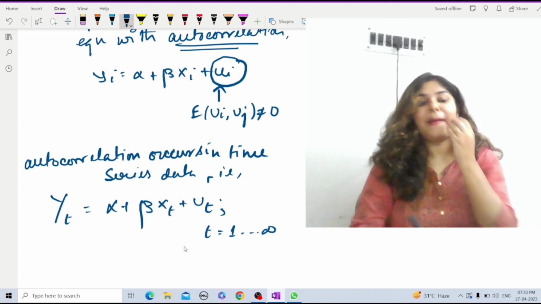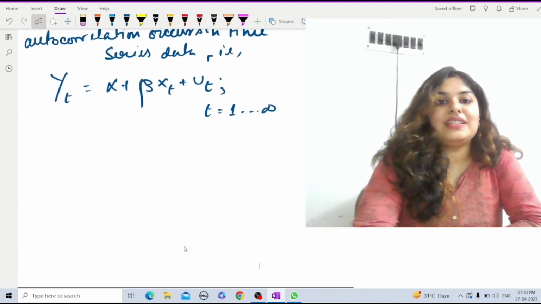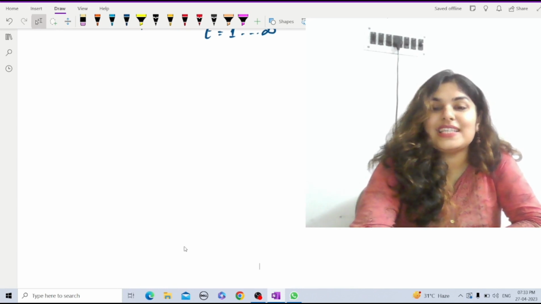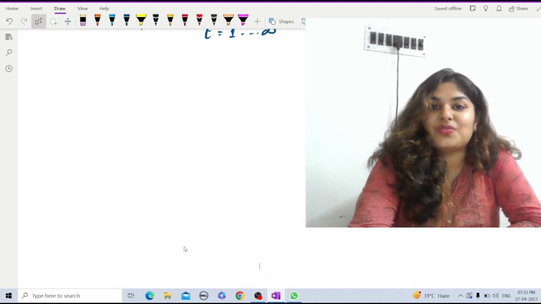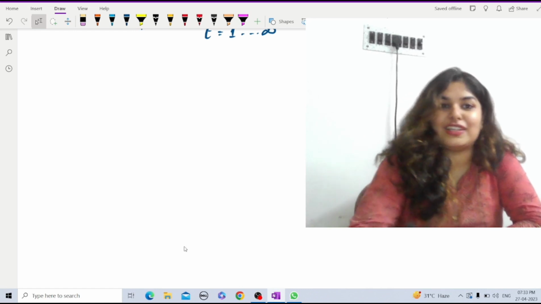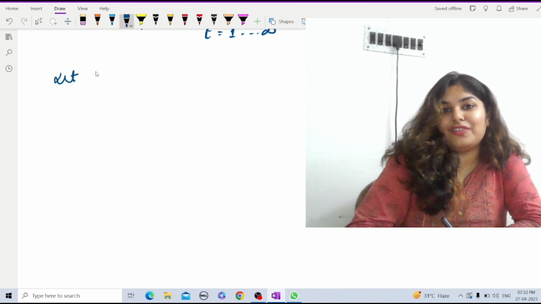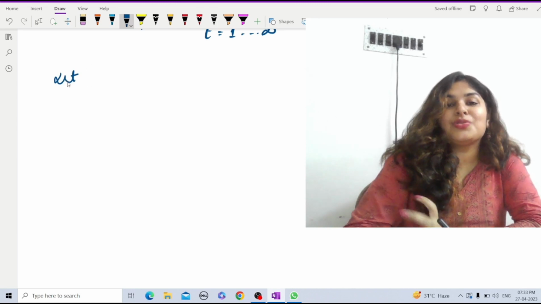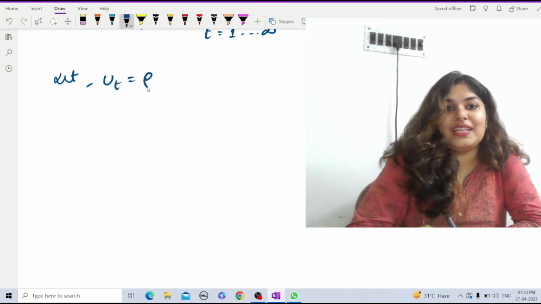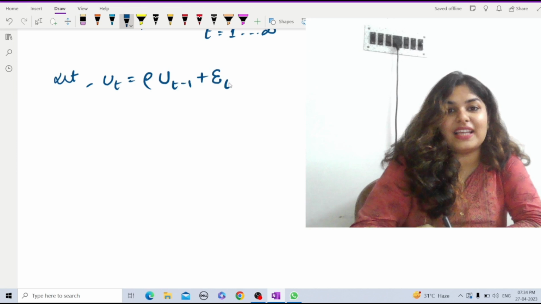Now let us try to relate the disturbance term with its preceding disturbance term. As we know that here there is a problem of autocorrelation, that means the disturbance terms are related. So let us write down a linear relation between the two successive error terms. That is, let ut is equal to rho ut minus 1 plus epsilon t.